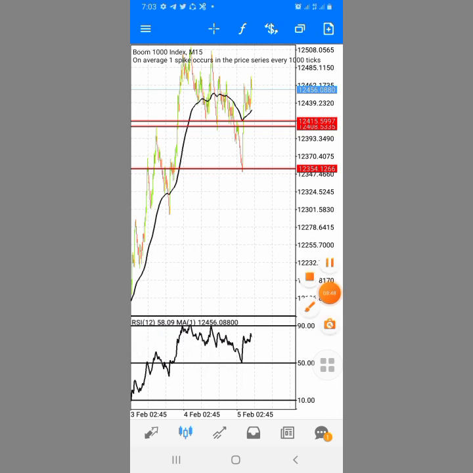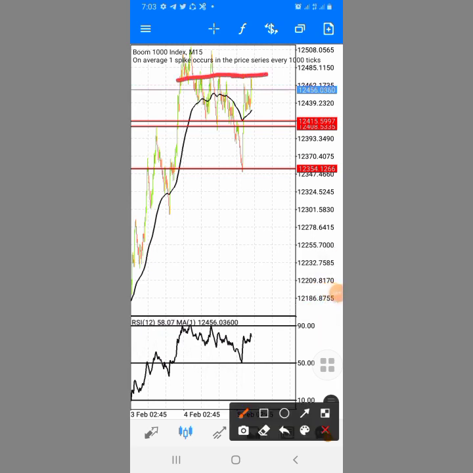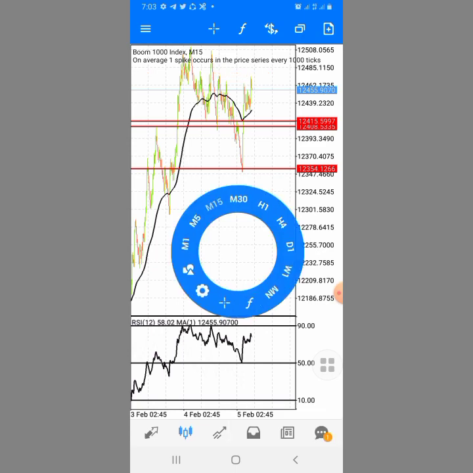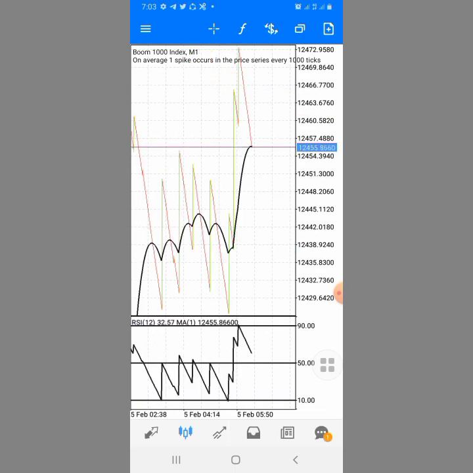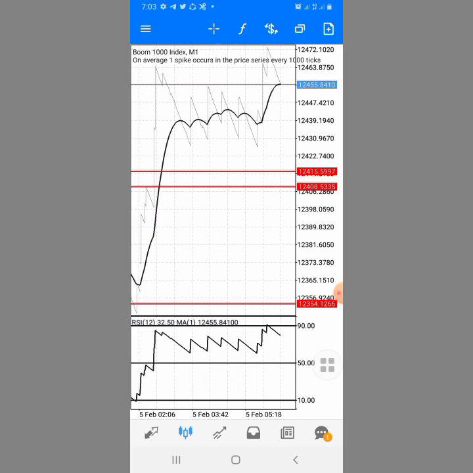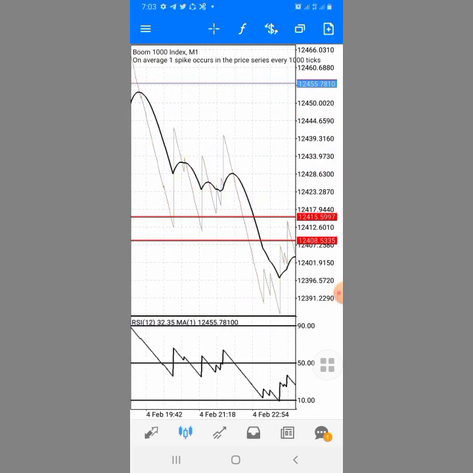This strong zone can push the market down a bit below that line. That's why, if you see the trade, you can just ignore it and allow the first spike to happen before you continue trading it.